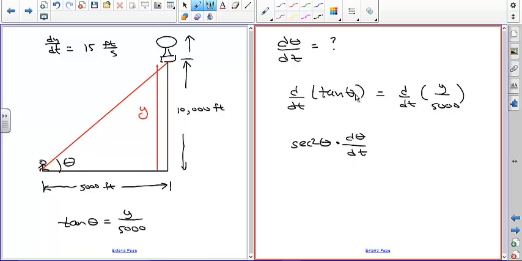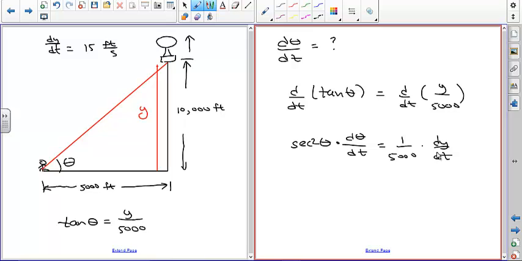So again, you just treat it like a normal differentiation. Look in your book to find the derivative of the tangent, and then you tack on d theta dt, and over here you'd have 1 over 5,000, which is a constant, times just dy dt. So that's the implicit differentiation.